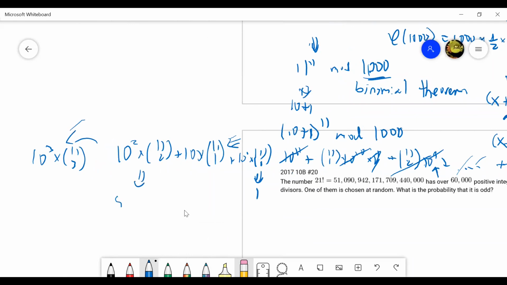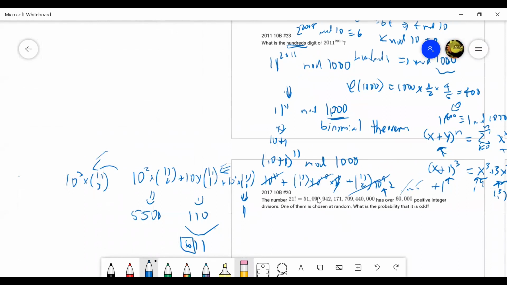So this is equal to 5500. This is equal to 110. This is equal to 1. So when you add them, you'll see that the final mod 1000 result is just 611. And since we're only finding the hundreds digit, it's going to be equal to 6.